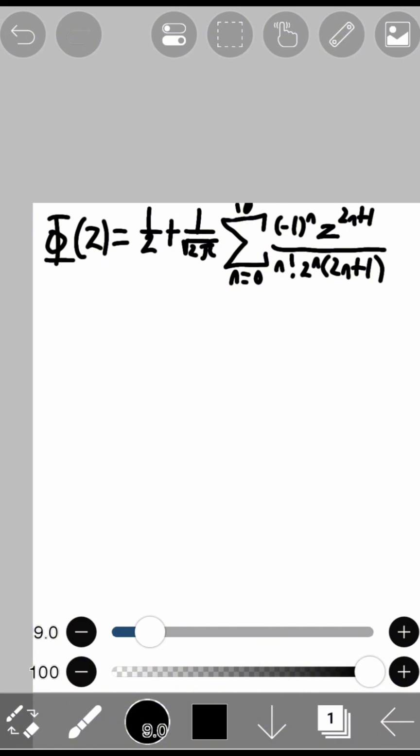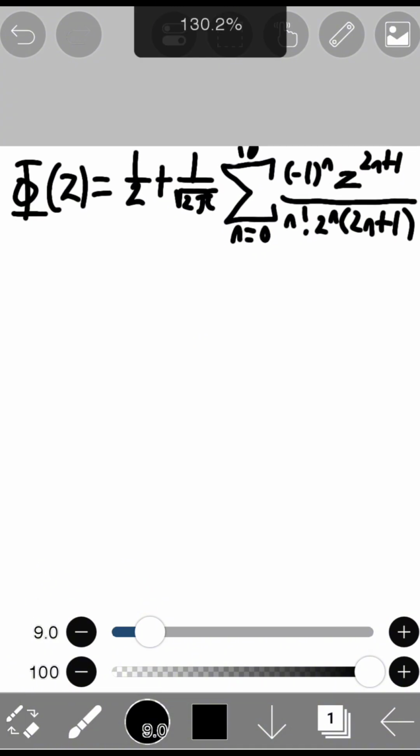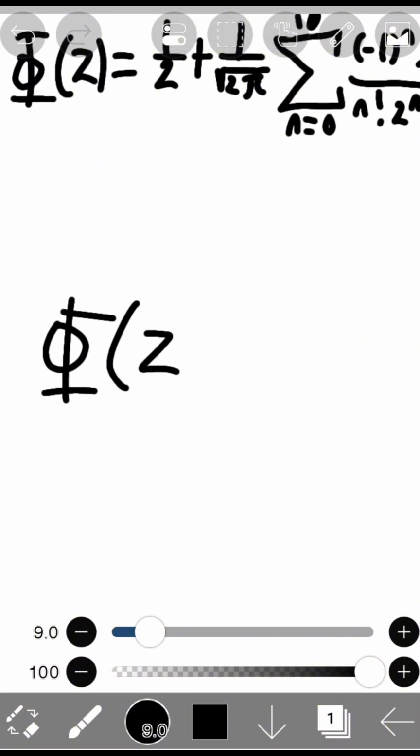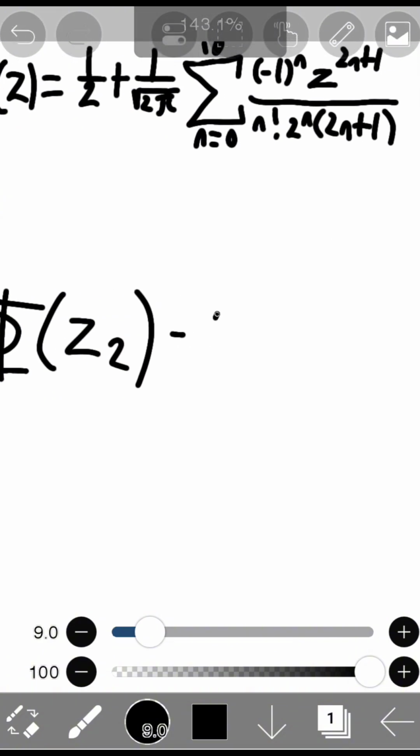But in your statistics class, you may wonder, how am I going to use this in order to get the area between two z-scores? Well, that's actually pretty easy, because the area between them is just a subtraction between z sub 2 and z sub 1.